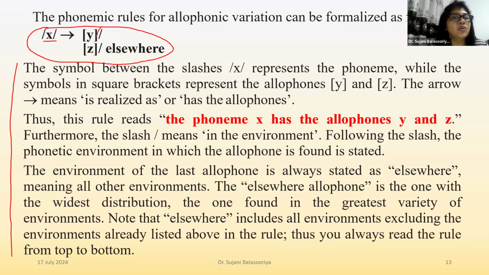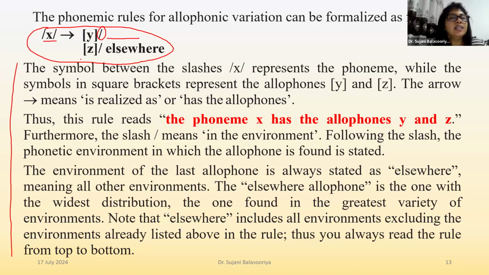And the slash, I hope you notice this slash. This means in the environment. Following the slash, the phonetic environment in which the allophone is found is stated. Here we need to write the particular environment.